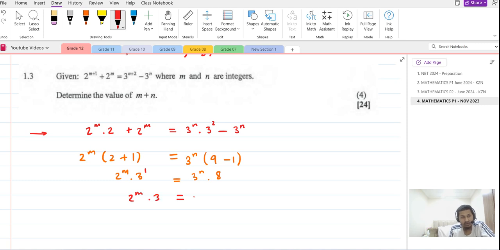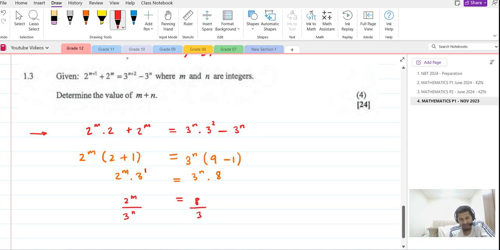Okay, what we're going to do is divide both sides by 8, and bring the 8 here and the 3 there. It's kind of like we cross multiplied. So I'm going to divide both sides by 3 to the power n. So 2 to the power m divided by 3 to the power n is equal to 8 divided by 3.